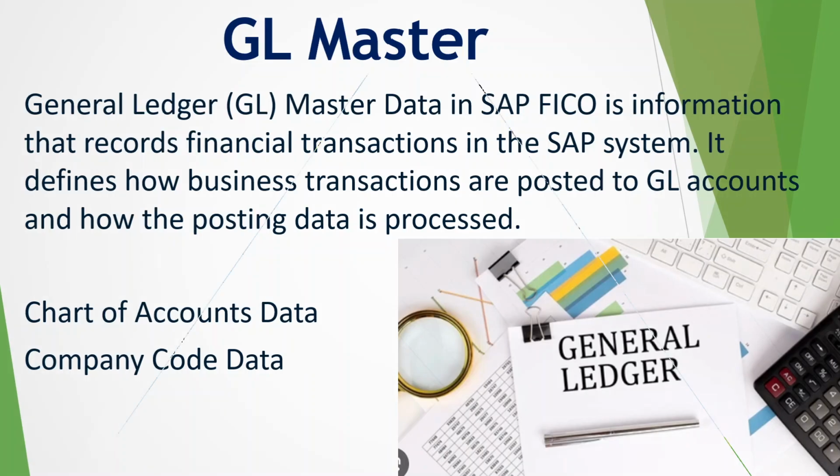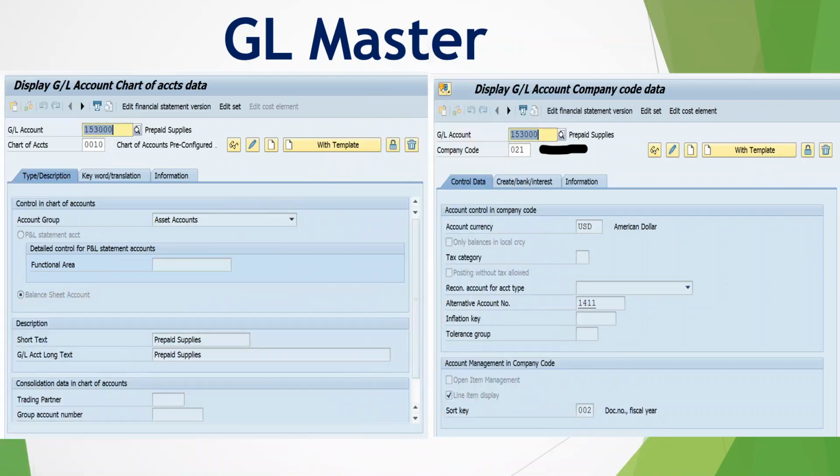Let's see some screenshots. Remember, whatever screenshots I am showing you here are from the SAP ECC system. So this is your chart of account data, as I was telling you. This contains only the chart of account data: your type and description, keywords and information.